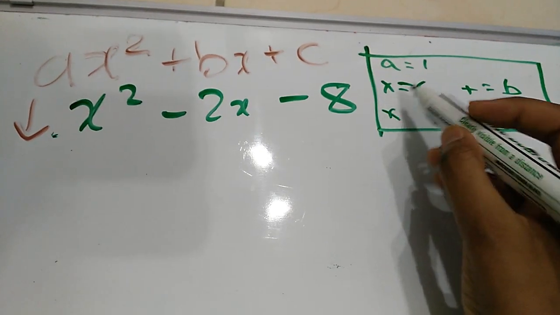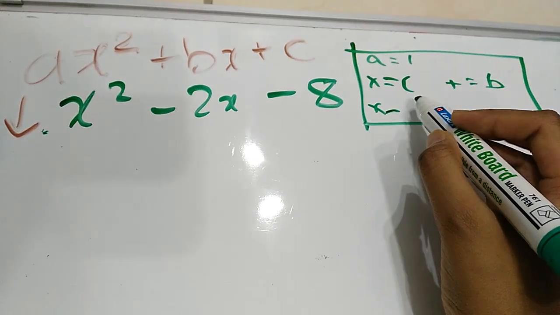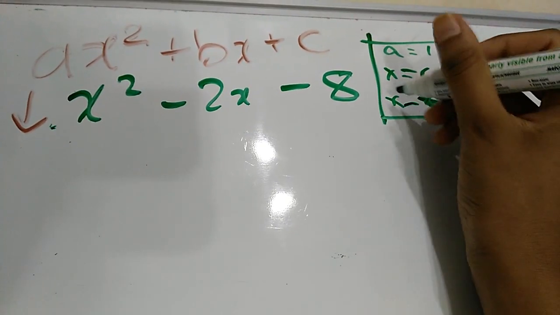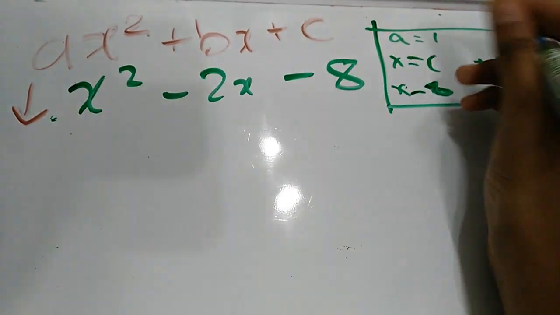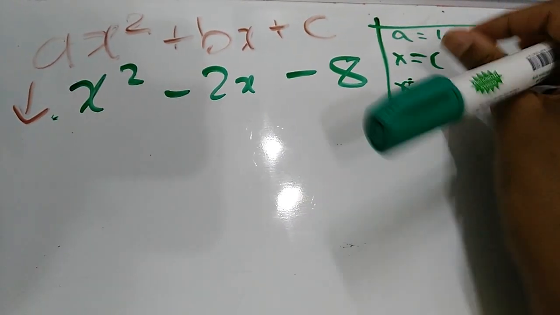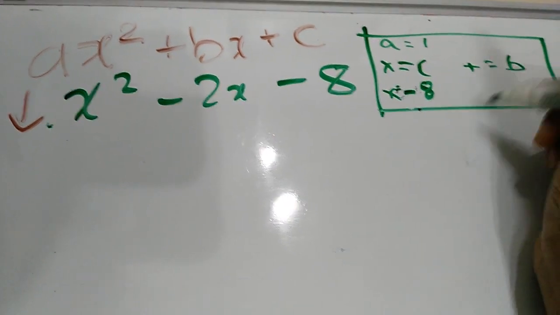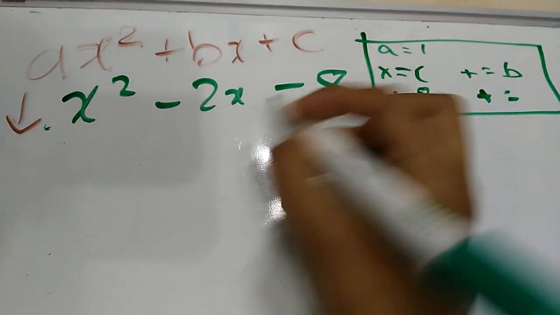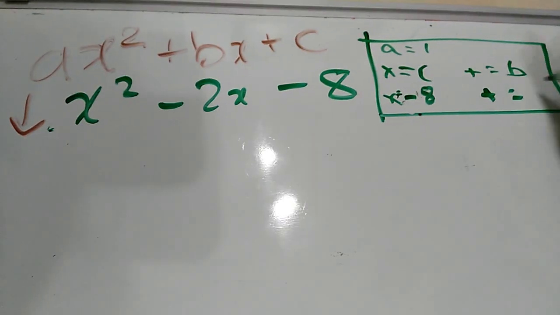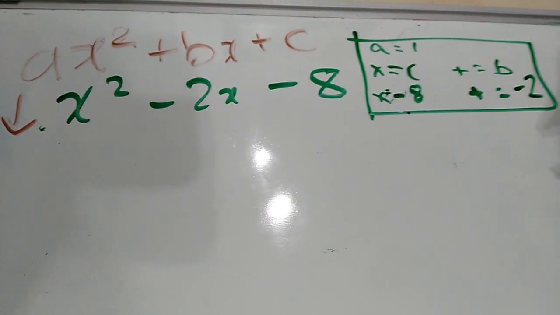So in this case, c is -8, so not just 8, but -8. And add to give me b, which in this case is -2, not just 2, but -2.